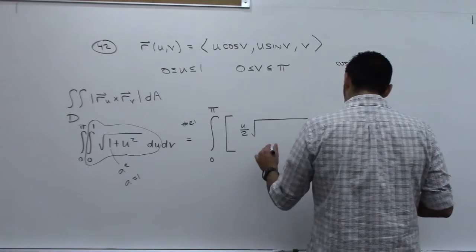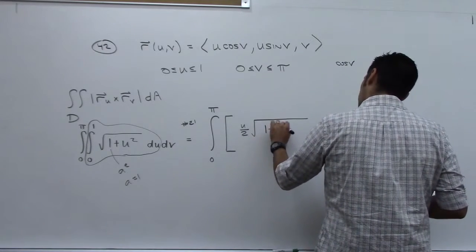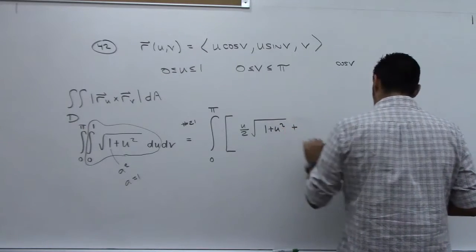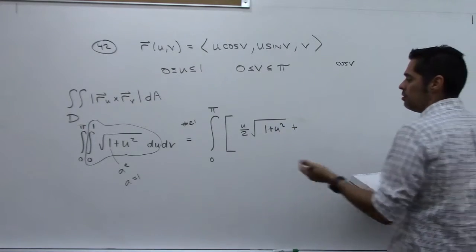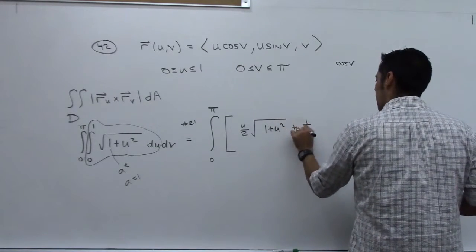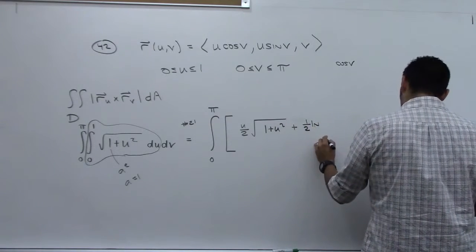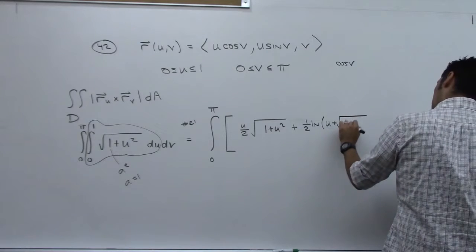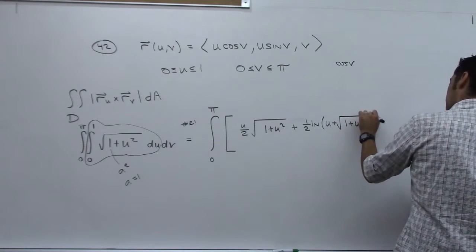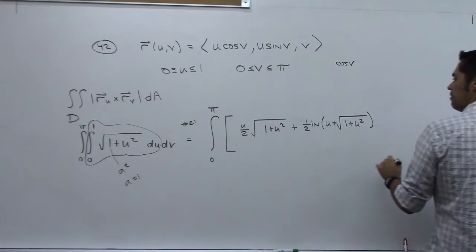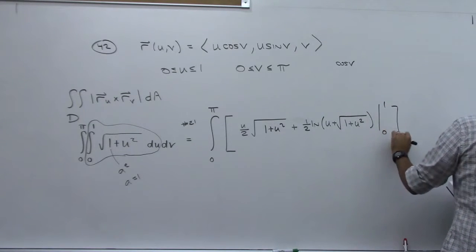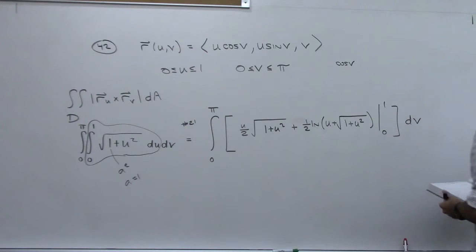So it's just going to be 1 plus u squared, plus the formula says a squared over 2, remember a is 1, so that's just 1/2, natural log of u plus square root of 1 plus u squared, and that's it. And then we evaluate that between 0 and 1. dv would come next.